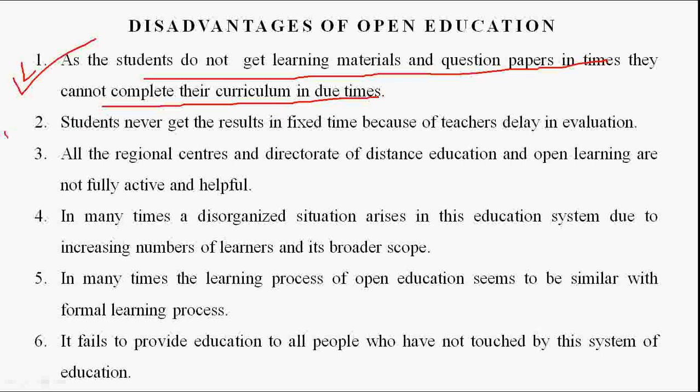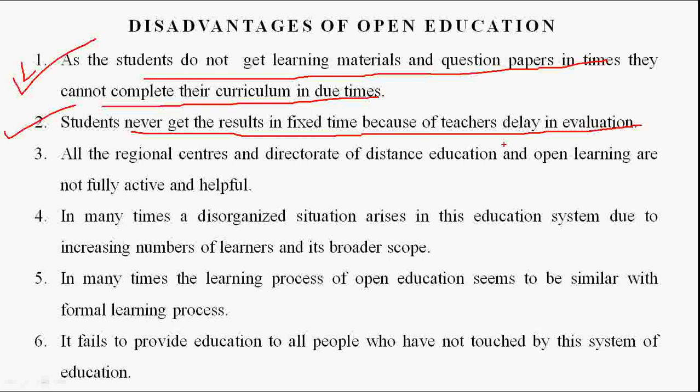Okay, next, students never get the results in fixed time because of teachers' delay in evaluation. Teachers delay the evaluation, so the students do not get the results at the time they should. Sometimes because of teachers' delay in evaluation of the answer scripts of the learners, the students never get the results in fixed time.